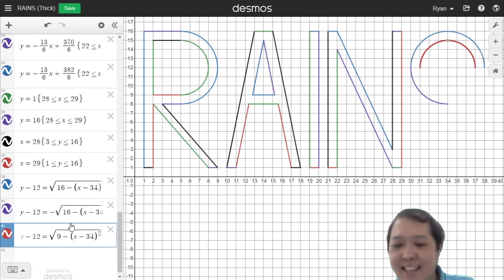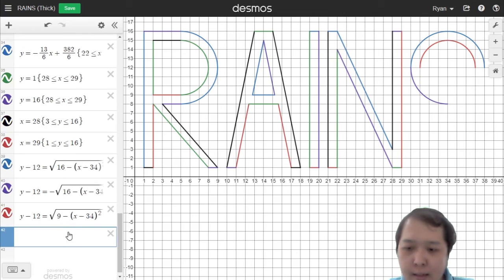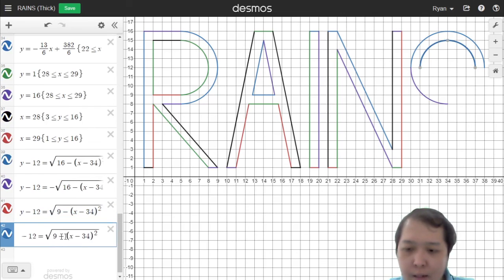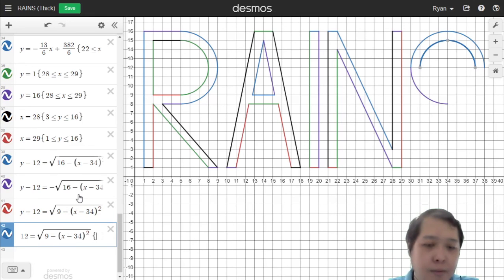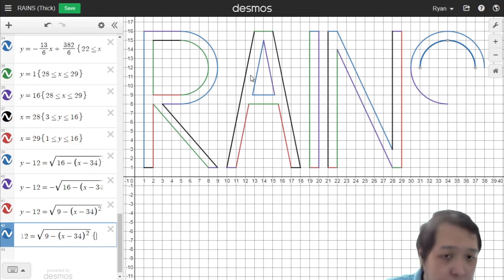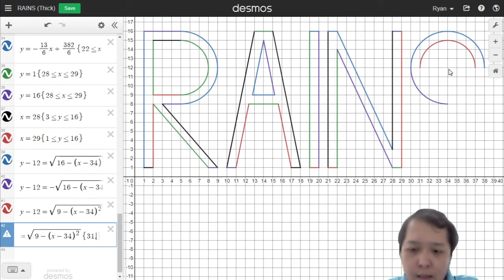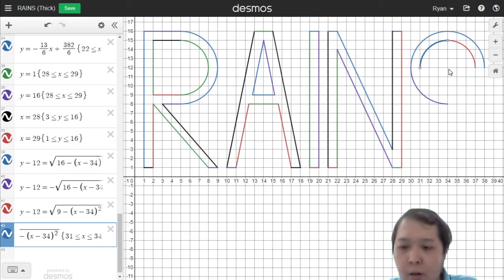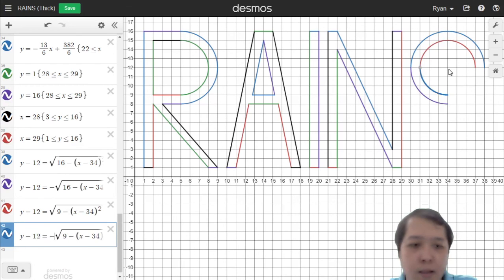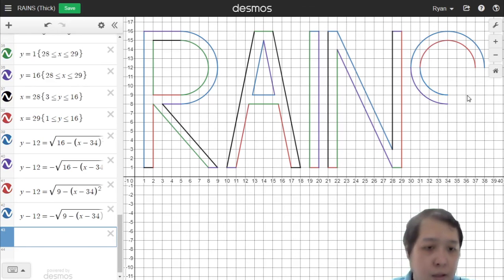The center is the same. Similar with these two, only we have interval from 31 until 34. Oh, I forgot the minus to take only the bottom part of the circle. There you go. Okay, so far so good, I believe.